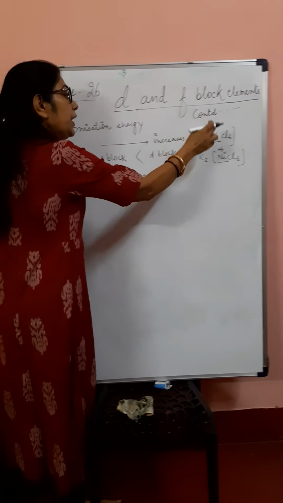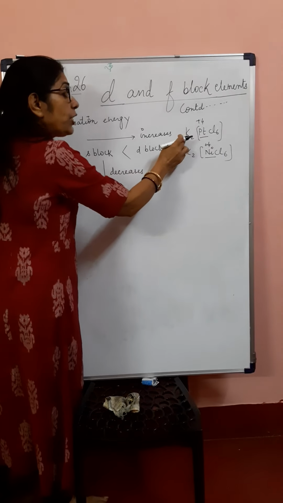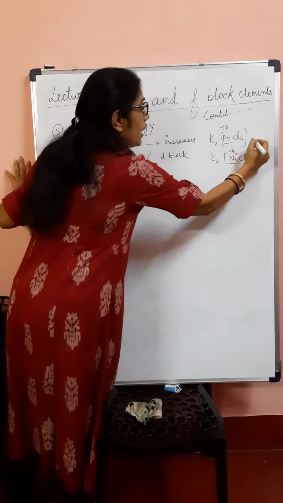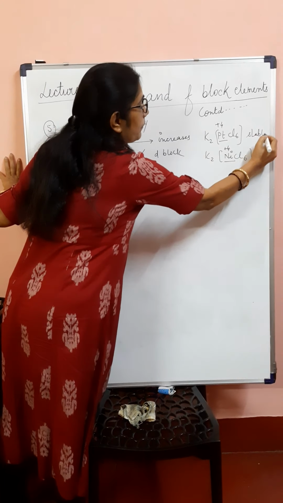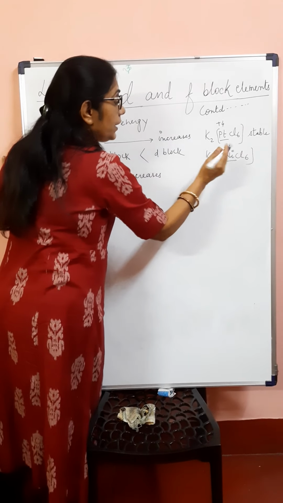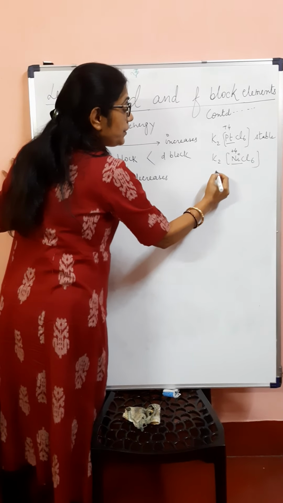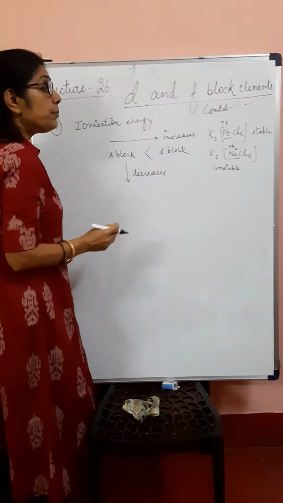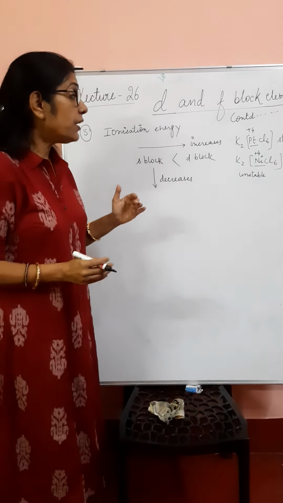So far as potassium hexachloroplatinate is concerned, this compound is stable, but K2NiCl6 is not stable. Why does it happen? Similar types of compounds are there.